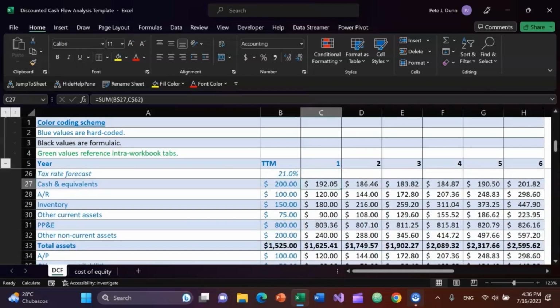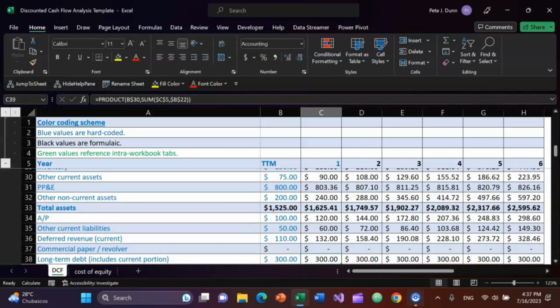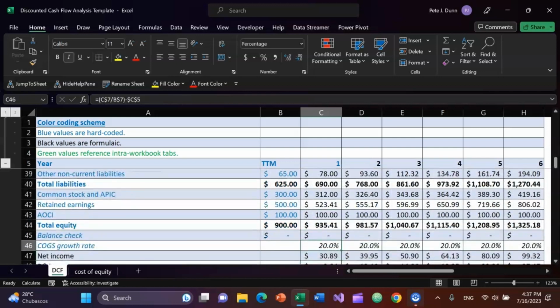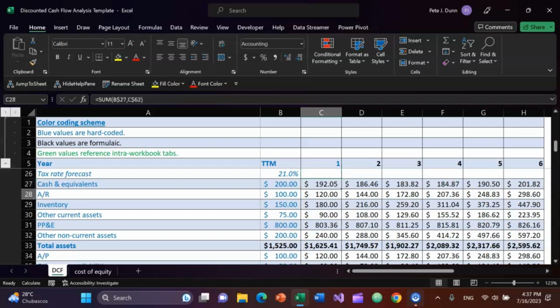On the balance sheet, cash and cash equivalents references last year's cash balance plus or minus the net change in cash on the cash flow statement. Accounts receivable is just grown with sales, the 20% sales growth rate. Inventory is grown with the realized cost of goods sold growth rate here in row 46, which is also tied to revenue since cost of goods sold is equal to revenue minus gross margin.